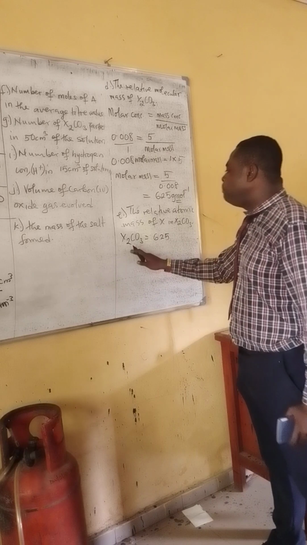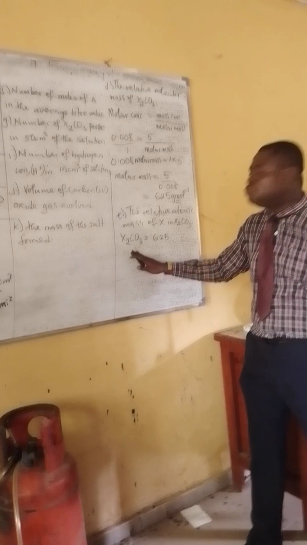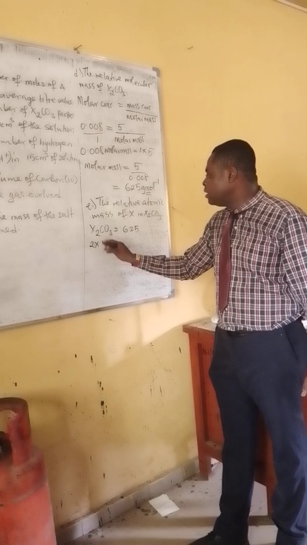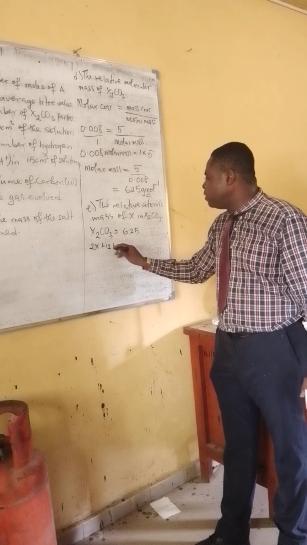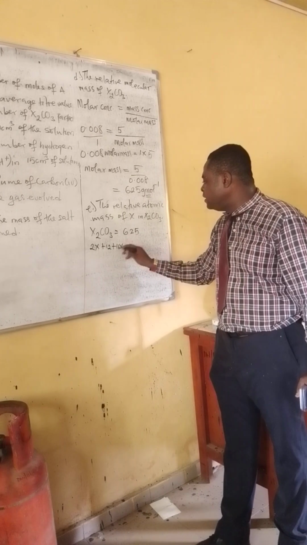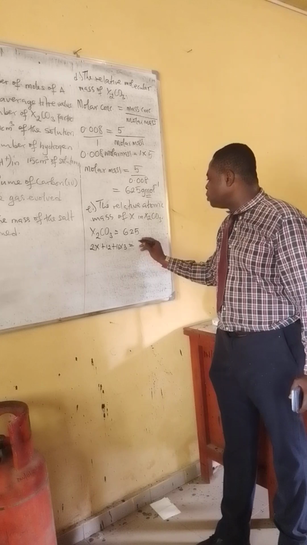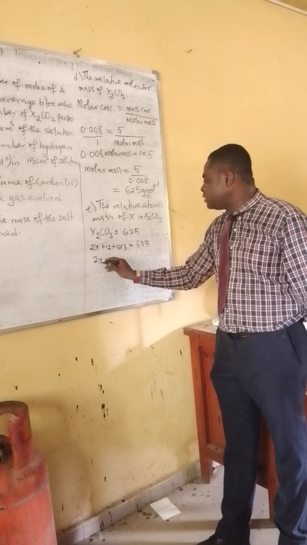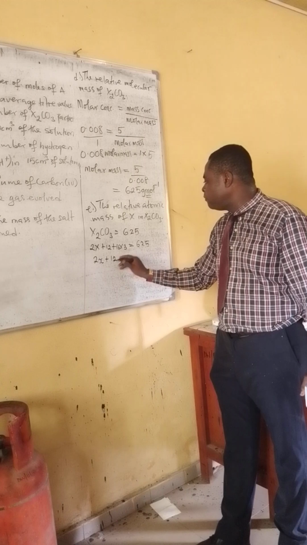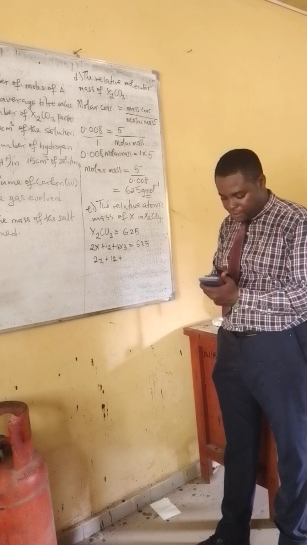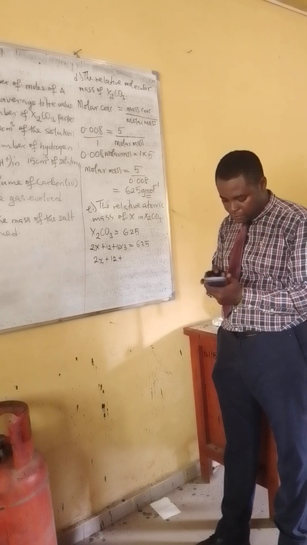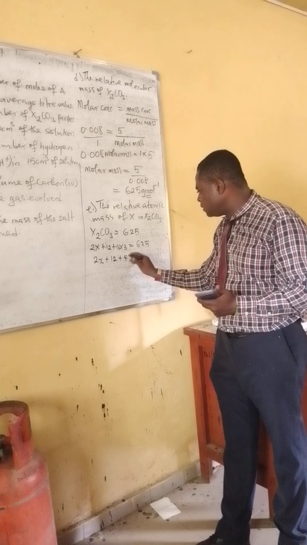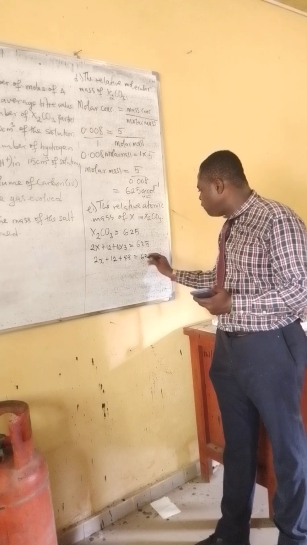So we pretend as if we want to look for molar mass the usual way. This becomes 2x plus carbon is 12, oxygen is 16, but we have 3 there. Then everything equals 625. So we have 2x plus 12 plus 16 times 3 is 48 equals 625.